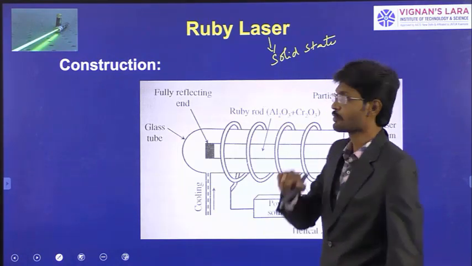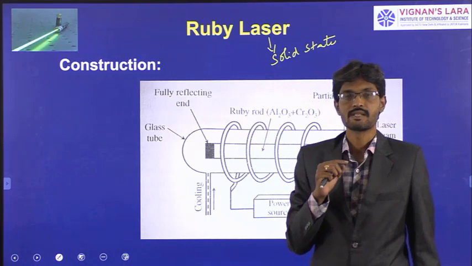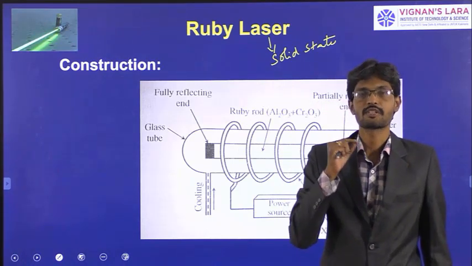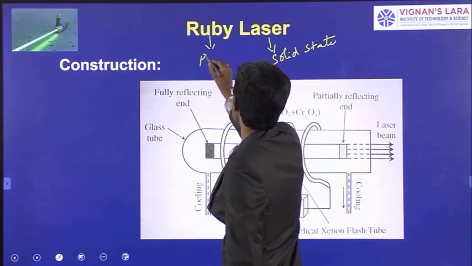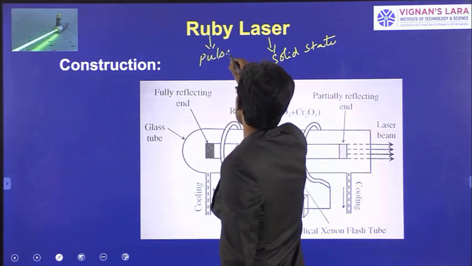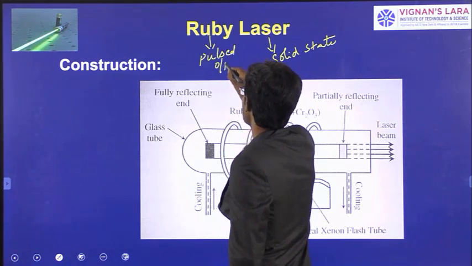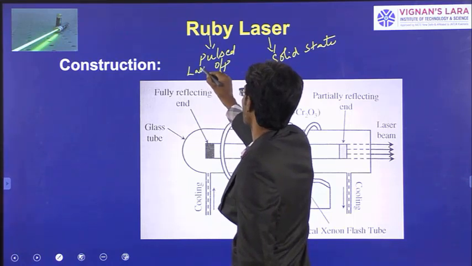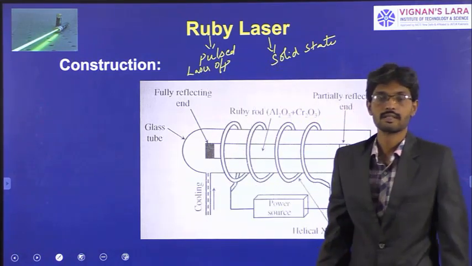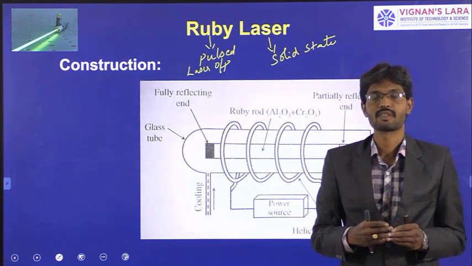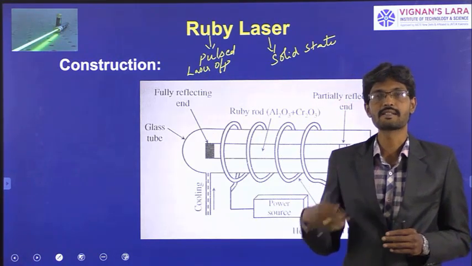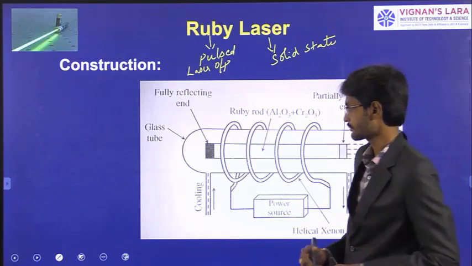And this ruby laser produces a pulsed output. So the output of this laser is not continuous. It produces pulsed laser as output.